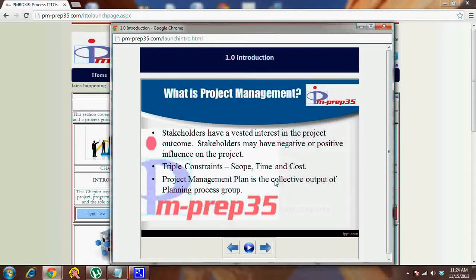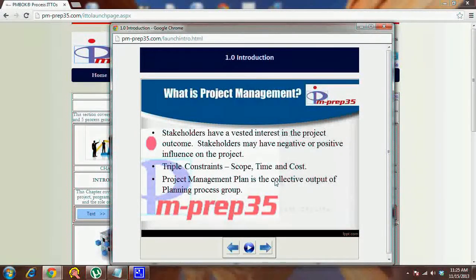Project management plan is the collective output of the planning process group. These points that I have here are some of the most important points you would have to keep in mind. I have summarized whatever is there in the PMBOK and put it in the form of points here. So we will understand this better in the planning process group when we deal with develop project management plan.